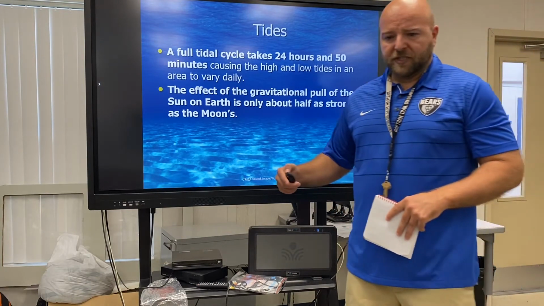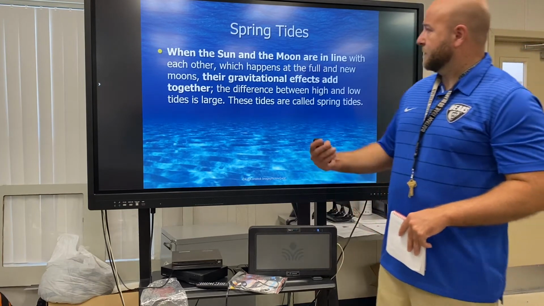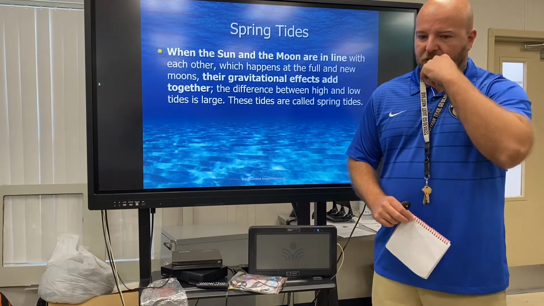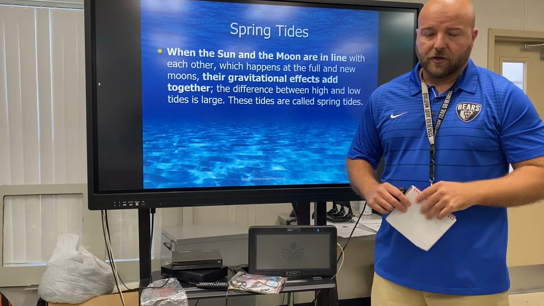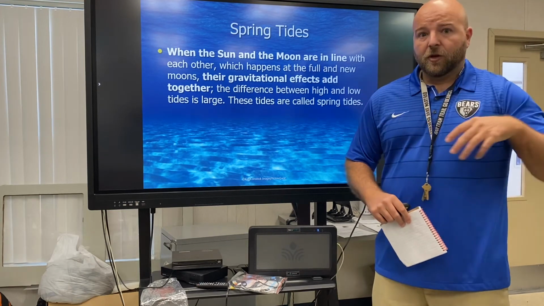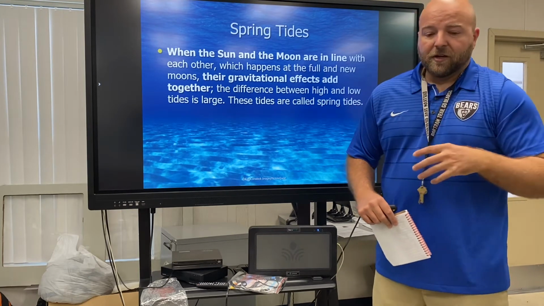There are a couple of different types of tides. Spring tides are when the sun and the moon are in line with each other and with the earth. So sun, moon, earth, or sun, earth, moon.